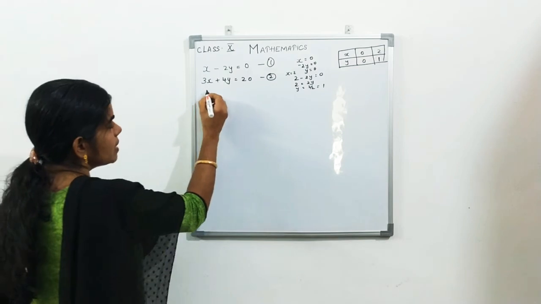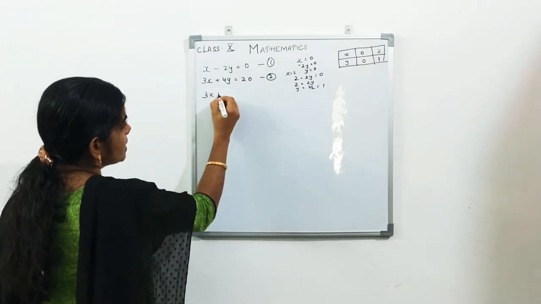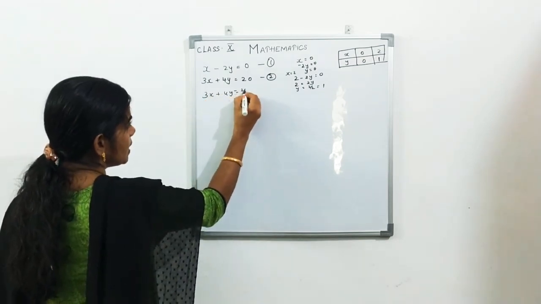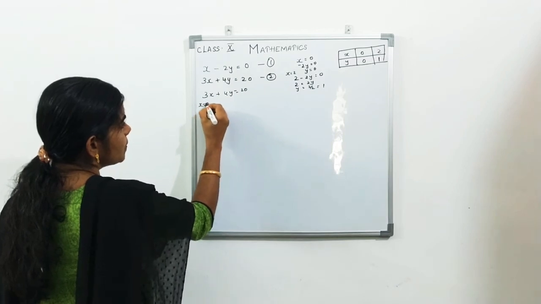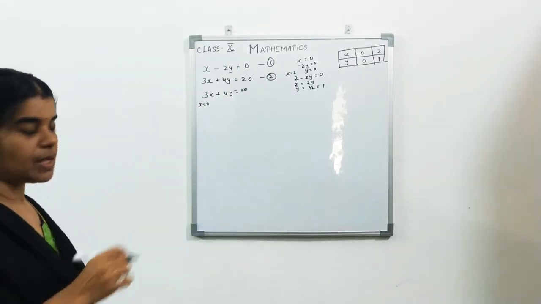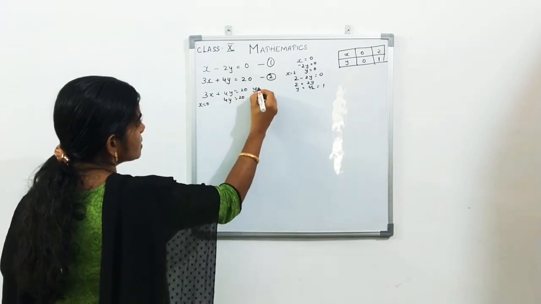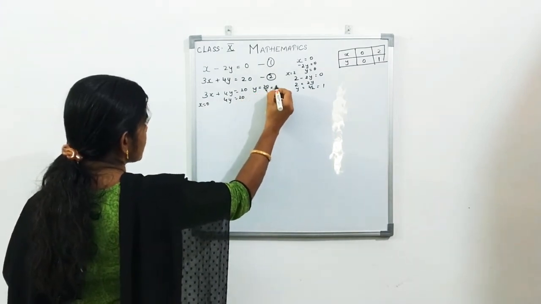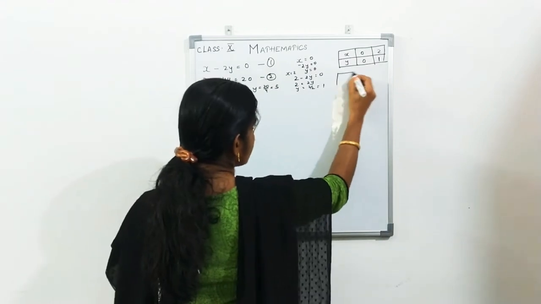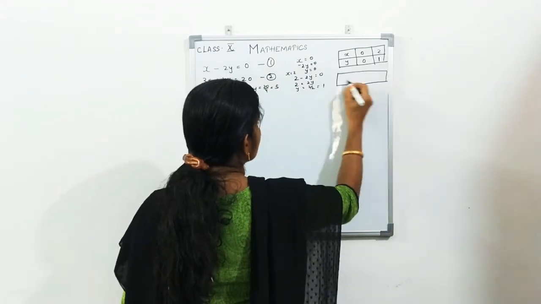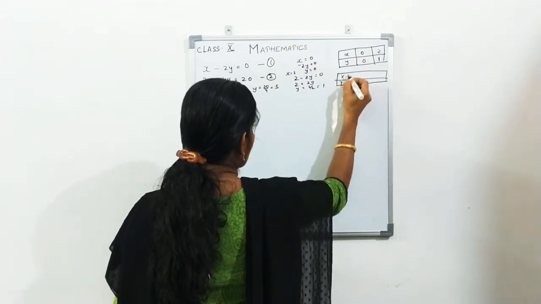Next you want to find the solutions of our second linear equation. In the same way, 3x plus 4y is equal to 20. When x is equal to 0, 3x will become 0. Then 4y is 20, y is equal to 20 by 4, that's equal to 5. I am making one more table, x, y.